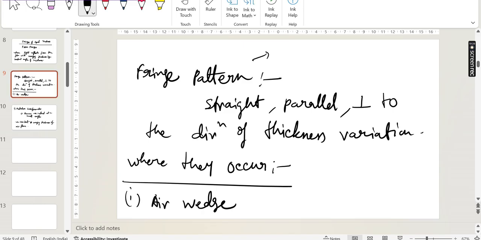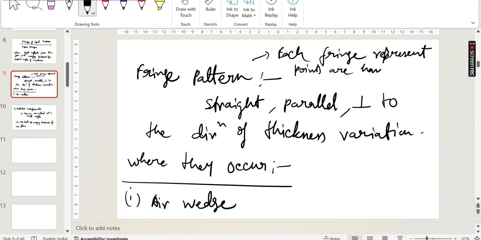And each fringe here represents the points that have the same thickness.